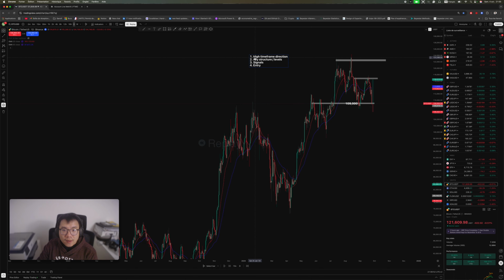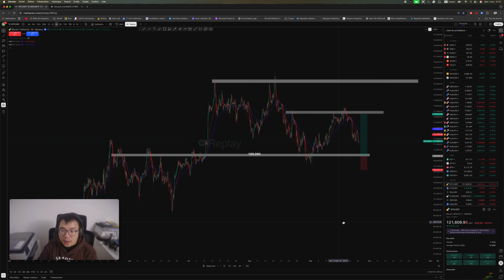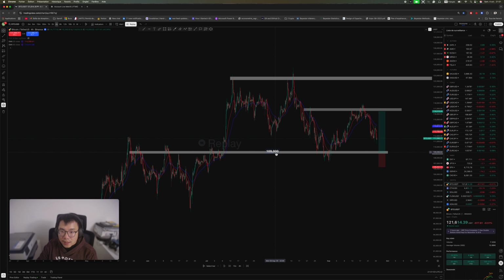For the next step, the second step is the key structure and the key levels. For this one, I'm going to move down to the 4-hour time frame and mark down the key zone that is interesting to me. When I take a look at the trade, the price was here.